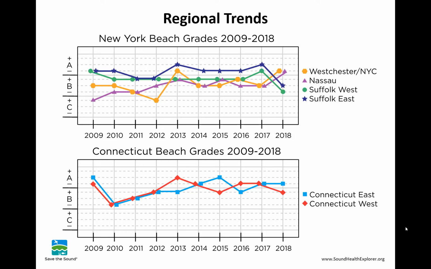This is consistent with other pollution trends that we see where you have a higher concentration of pollution in the Western Sound, and as you go east and you get closer to the Atlantic Ocean and the dilution and lower concentration of population out there, you generally see an east to west gradient of less pollution. But we also see this really surprising shift in 2018 where our Suffolk County lines, which tended to kind of float above the fray, took a dip.